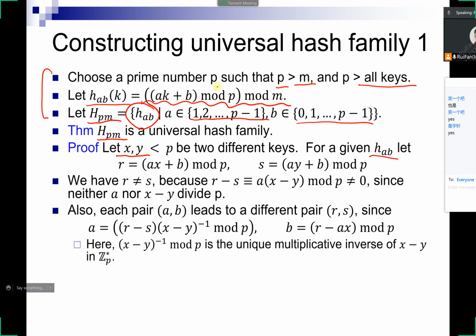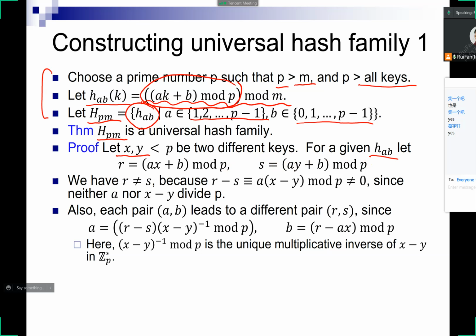Now, there are two mods in this function. So let's first ignore the outer mod and just focus on the inner part over here. Let's define r to be ax plus b modulo p, and let's define s to be ay plus b modulo p, where x and y are the two different keys.